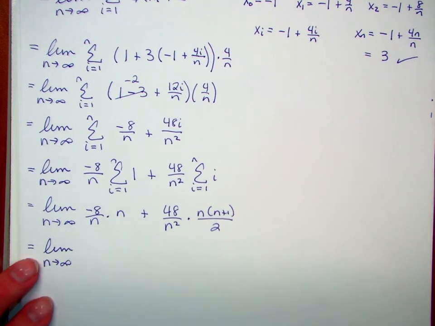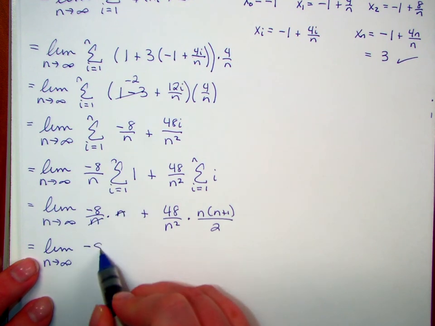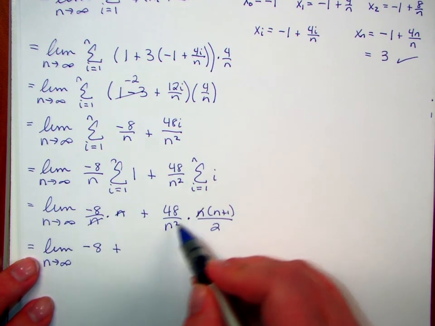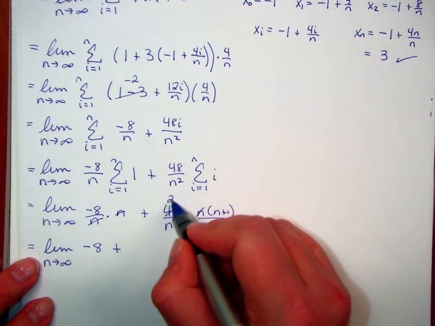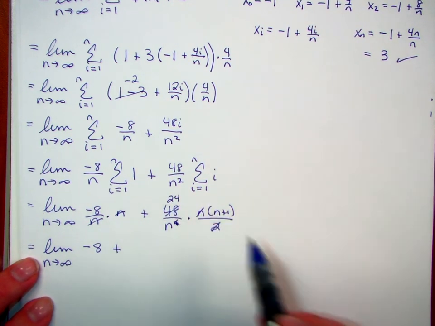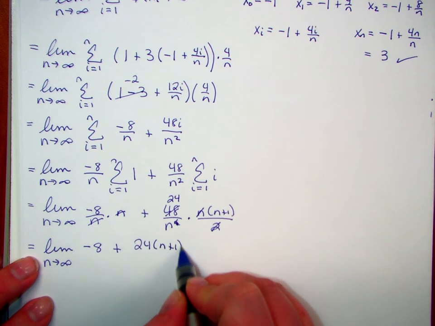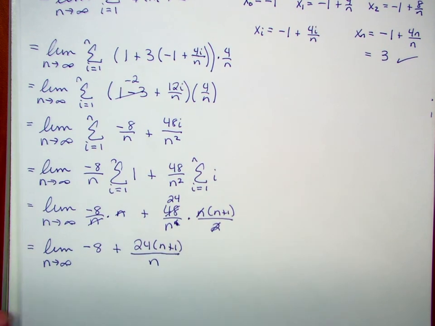I'm going to go ahead and let the n's cancel here and get negative 8. On the second term, I'm going to let the n's cancel and then reduce the 2 into the 48 to get 24. So I'm going to get 24 times n plus 1 over n. Okay.